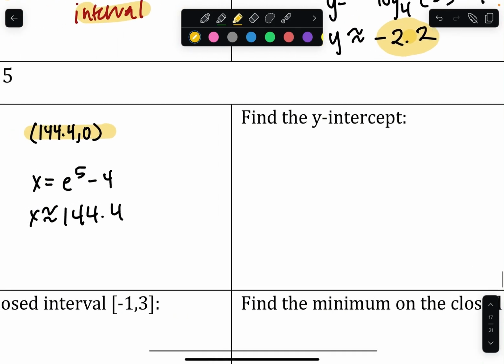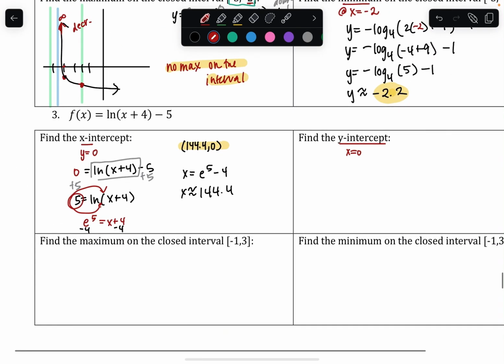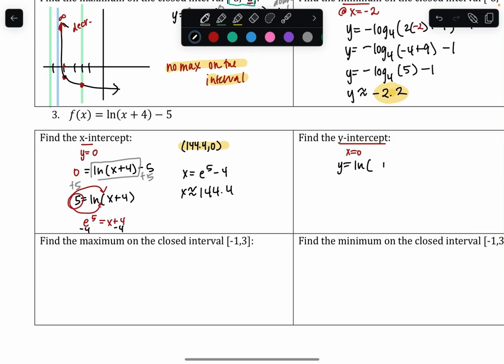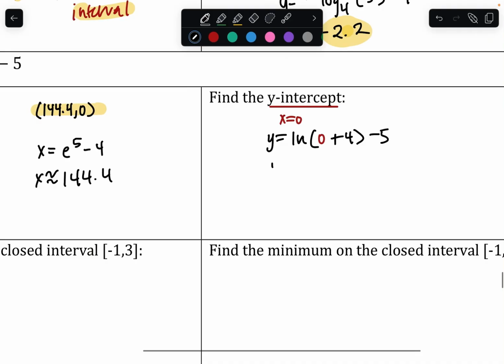Okay, for the y-intercept, we plug in x equals 0. And so my y value would be natural log of 0 plus 4 minus 5. And so that simplifies to natural log of 4 minus 5.